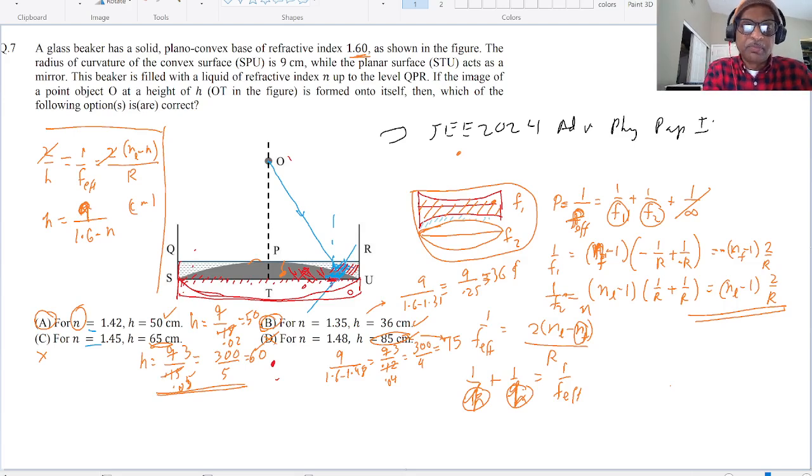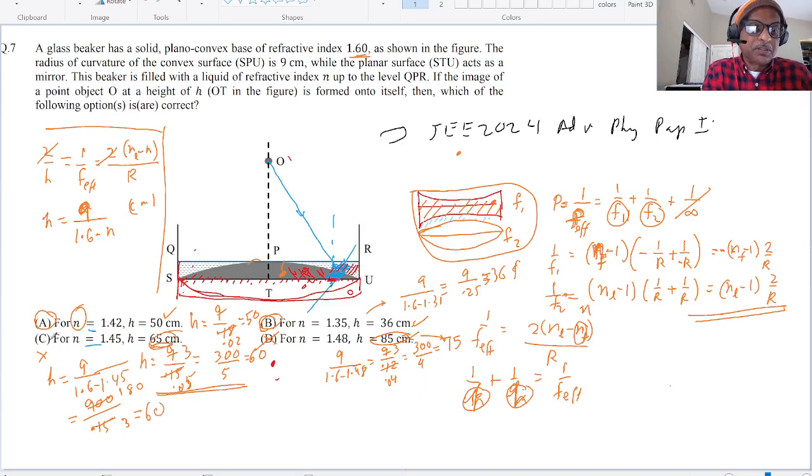Just check again. So we had h equals 9 over 1.6 minus 1.45. Oh yeah, it's not going to be that. So it's going to be 0.15, and let's call it 900 over 15, and so this is 60.